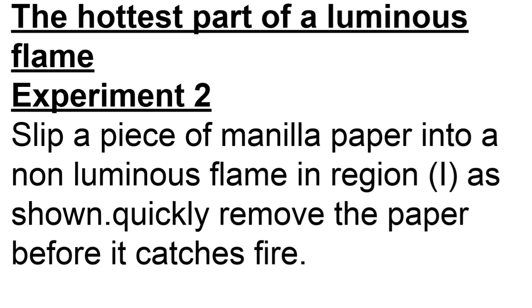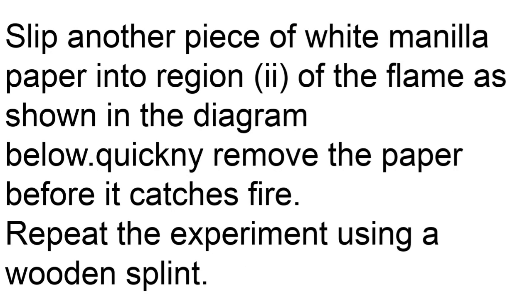Now the experiment will involve slipping a piece of manila paper into a non-luminous flame in the region labeled region 1 and quickly removing the paper before it catches fire. Then we shall slip another white manila paper into region 2 of the non-luminous flame as shown in the diagram below, and we shall quickly remove the paper before it catches fire.